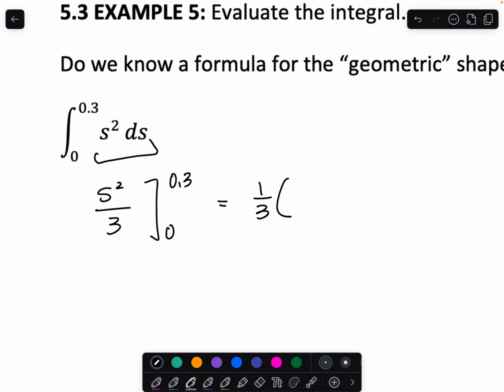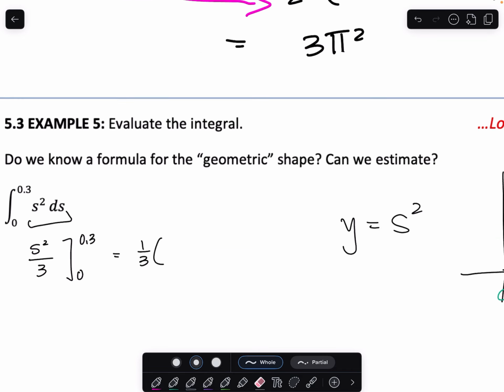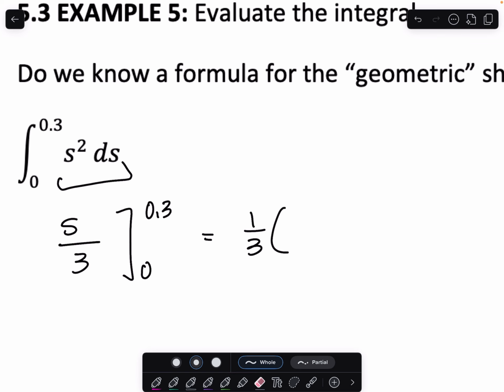Excuse me, I made a typo there. I'm doing this really rough and quick here. That is actually s cubed over 3 by the power rule. So that is 1/3 times s cubed, and we're evaluating that from 0 to 0.3.